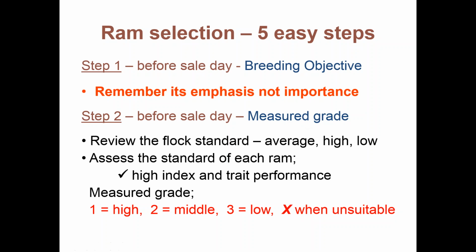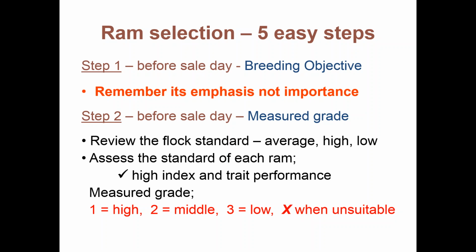And what I would recommend is that people not only grade the whole catalogue, but they have varying grades. Some people will just pick rams that they think are suitable, and there must be a variation in the level of suitability. And so if you just put one tick against them, effectively what you're saying is that they're all equal, and I don't think that can be a reasonable proposition.